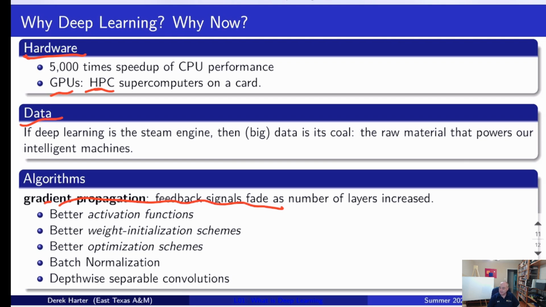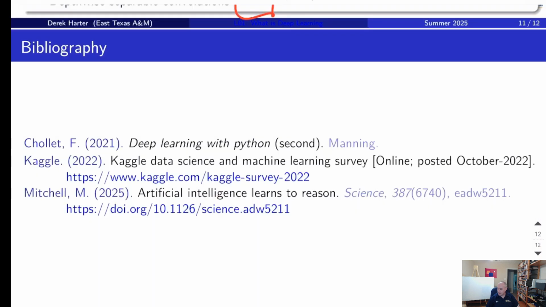But these new algorithms, and we'll get into some of them in this course, enabled that loss signal to be used for many more than 1 or 2 levels. So you can truly build deep neural networks that engage in hierarchical learning of things.